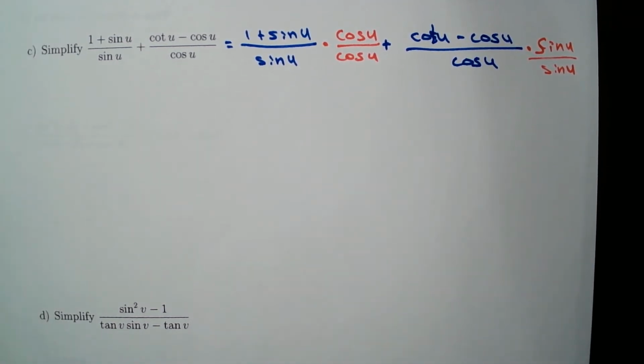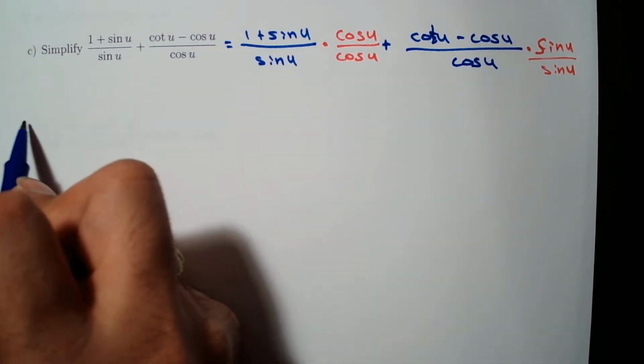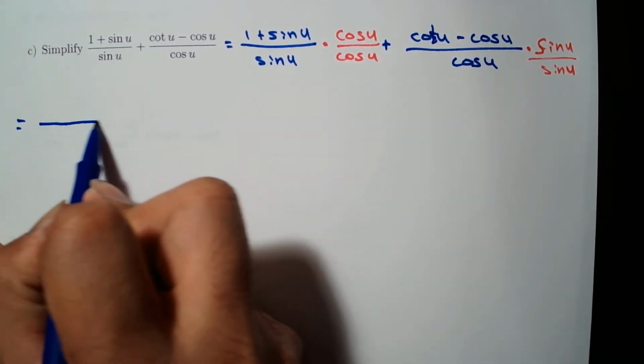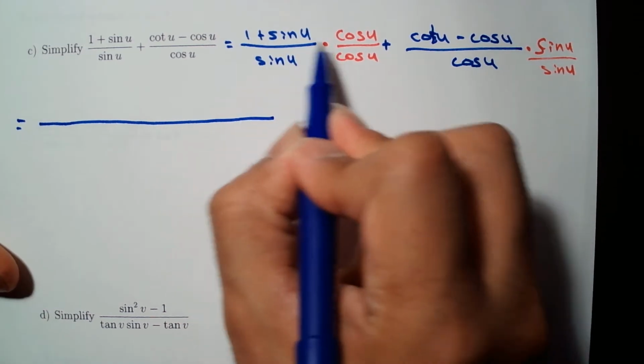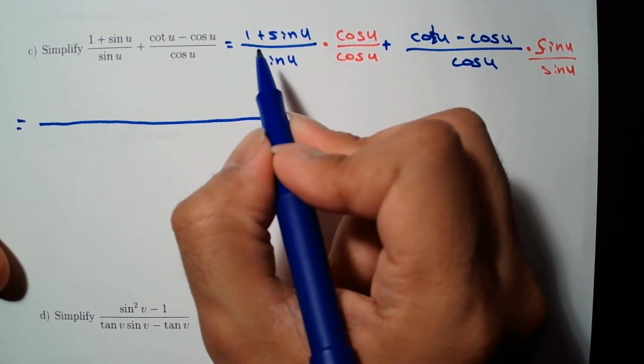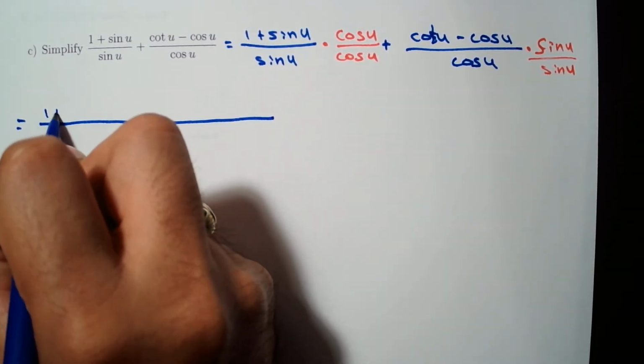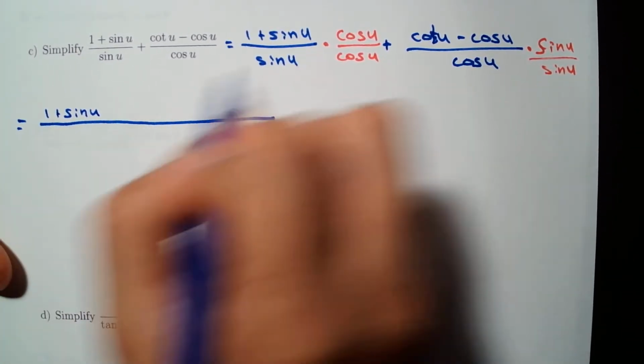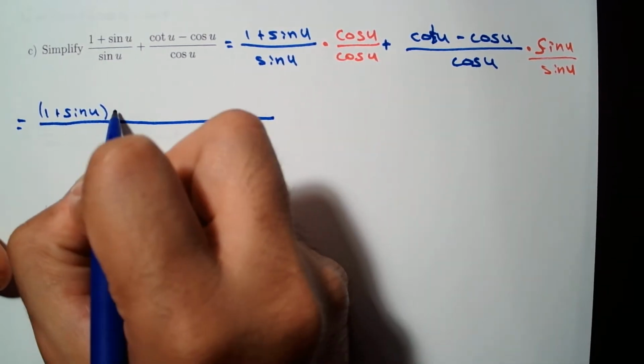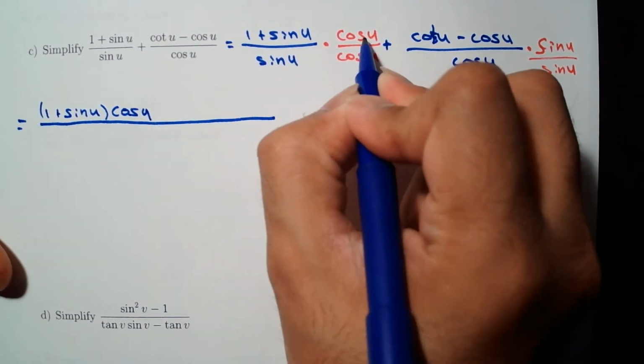Alright, once we have the least common denominator, I'm going to draw a big bar in which I'm going to multiply 1 plus sine u, which is the first factor, times cosine u, which is this one in red.